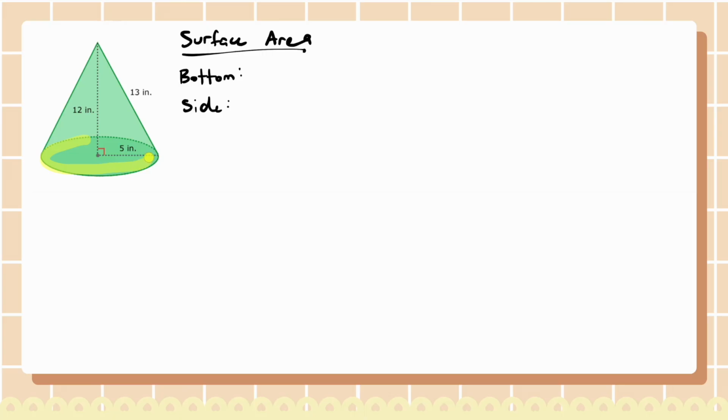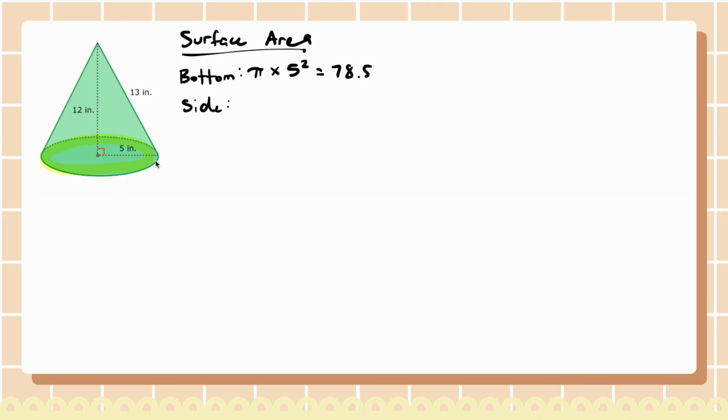Let's start off with this bottom part right here. I noticed that this is the shape of a circle. We know the area of a circle is pi r squared. So I'm going to start with pi times, my r in this case is 5 squared. If I multiply pi times 5 squared, I'm going to be using 3.14 as the approximation. So all of this gets me 78.5.